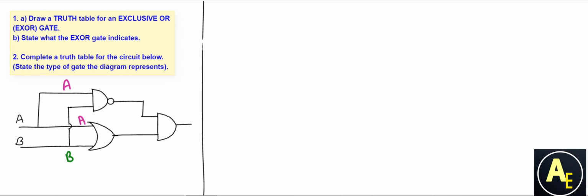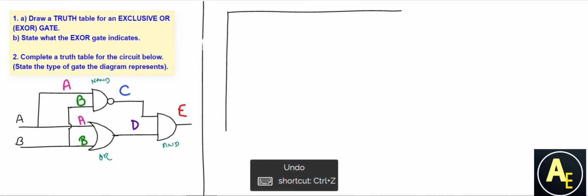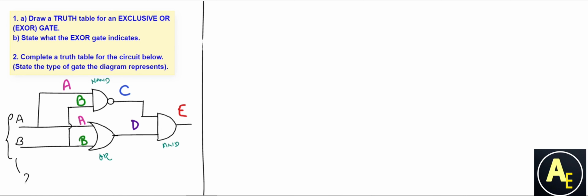In our second example, we are asked to create an equivalent circuit for the one given in the diagram. Here we can label our inputs from the two original inputs given, which means that even though we have three logic gates, we have two inputs, A and B. What does that tell us?